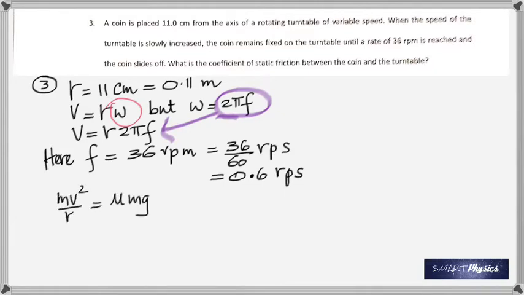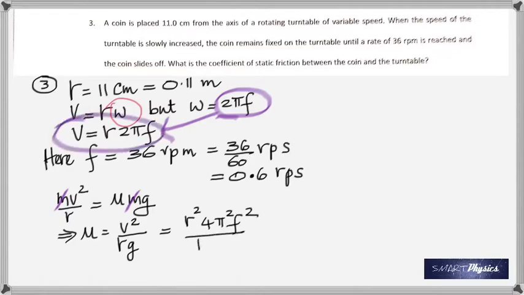So the centripetal force again should be equal to the force of friction. You're asked to find mu, so that's made the subject. And then substitute for velocity from here.